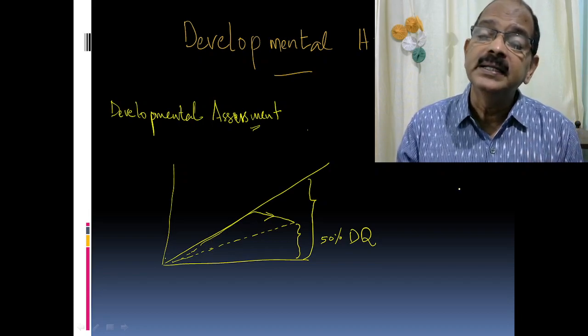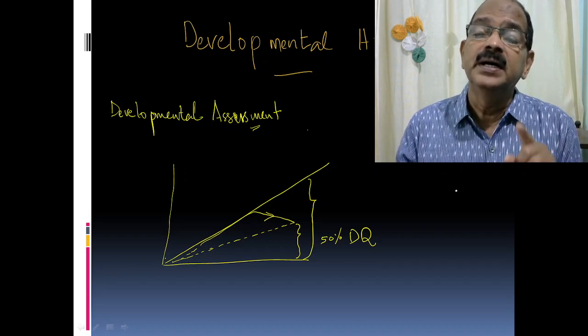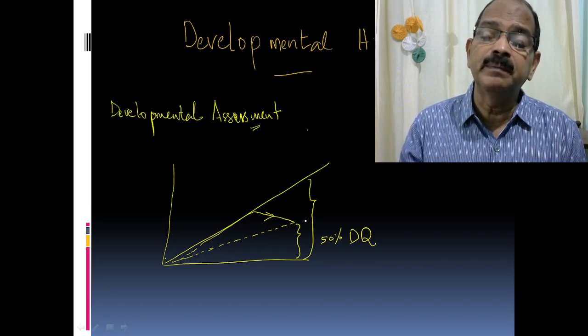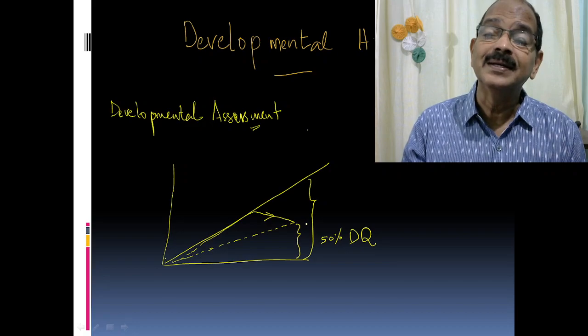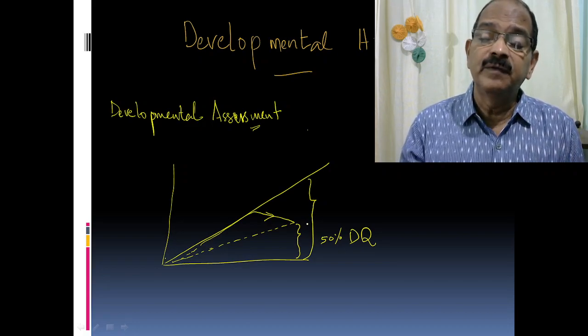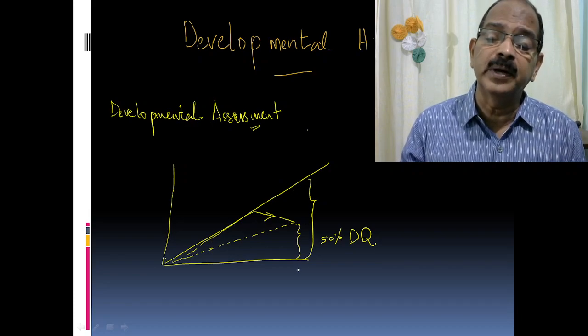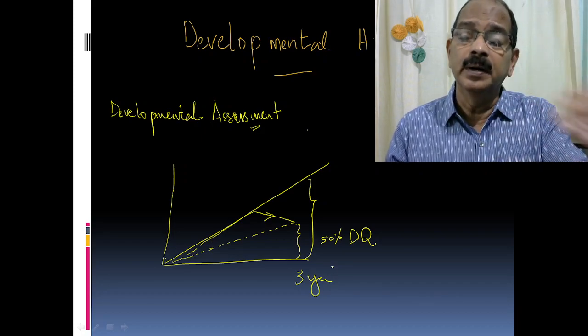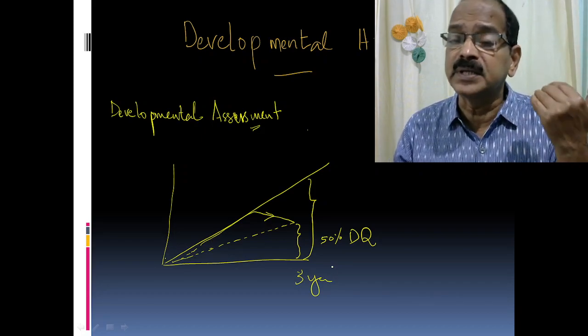But there is a situation where you assess the development and you feel his development is 50%. His performance in a particular field is 50% at a particular point. Maybe at 3 years you are assessing, and in gross motor he should be running, walking, going upstairs, and all those things.